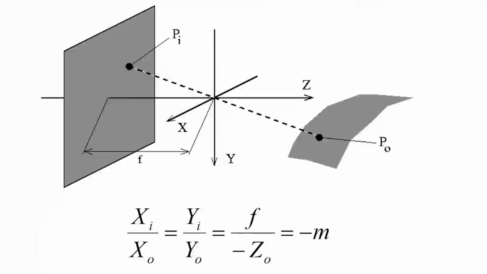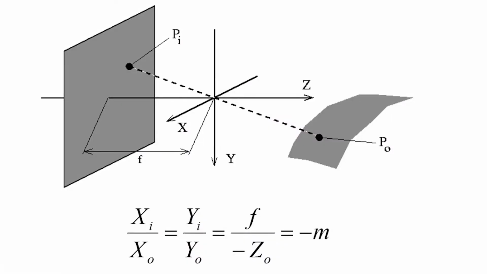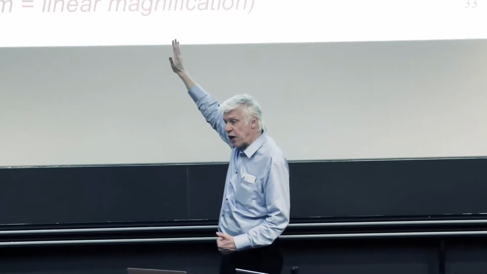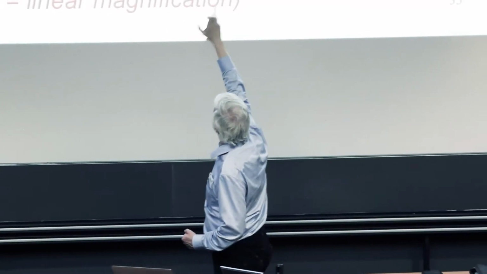Now, we have the coordinates of the point outside, XO, YO, ZO, and then where the corresponding projection will happen on that plane here on the left has coordinates xi, yi, and minus f. F is the distance between the image plane, the plane on which the outside world is being projected, and the origin.